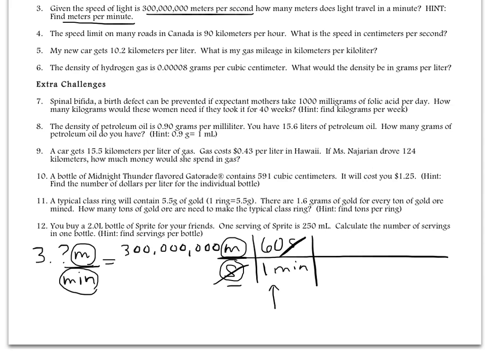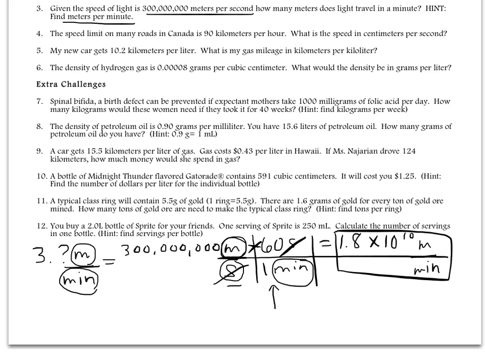And that actually is going to do it for me, right? Because now I've got meters still up in the top. Didn't have to do anything for that. And then minutes in the bottom. So I'm actually ready to solve. So if I do my multiplication correctly across the top, what I get in scientific notation, so I have space to write it, is 1.8 times 10 to the 10th meters per minute.